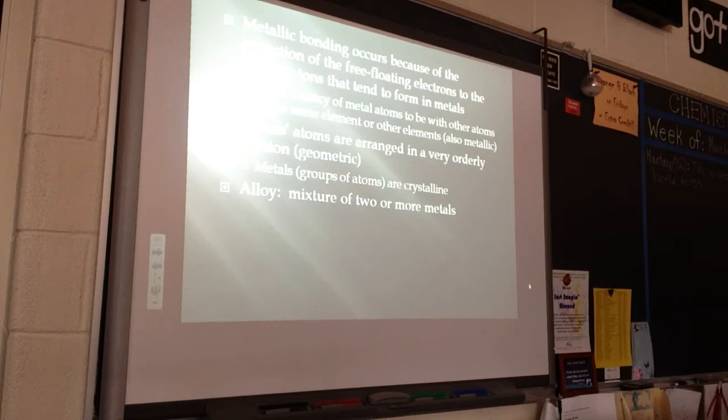Now, an alloy. This is a term that you need to know. An alloy is a mixture of two or more metals.